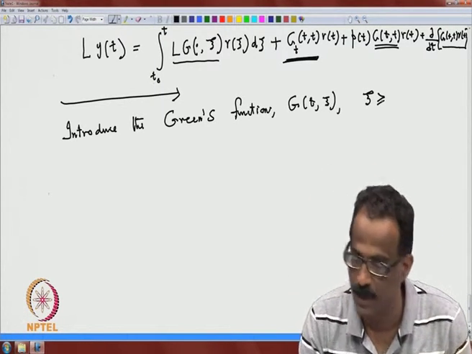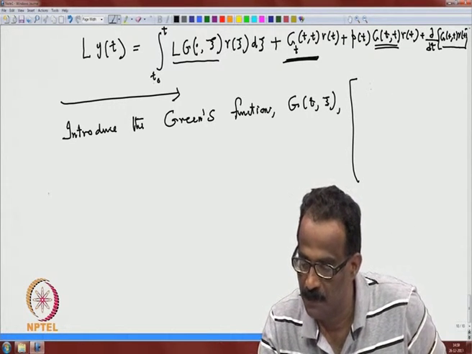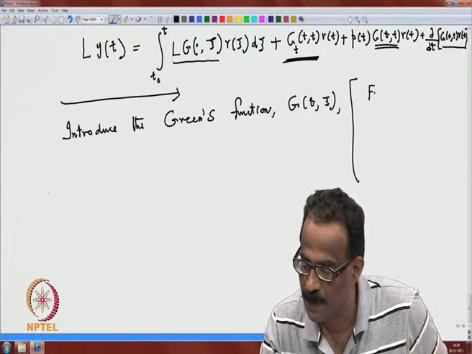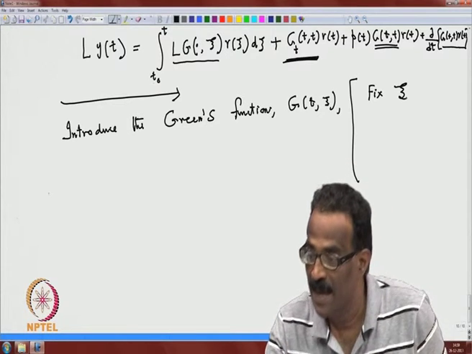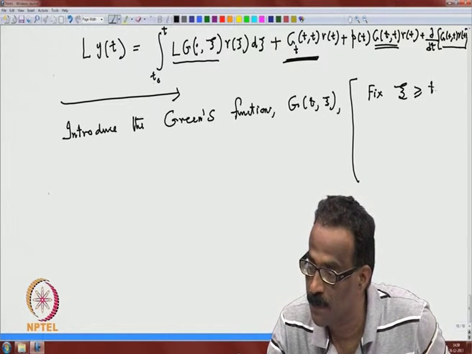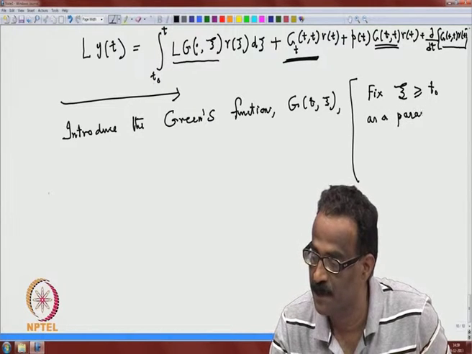How to introduce it? You fix psi as a parameter. So, I am introducing fixed psi greater than or equal to t naught as a parameter. Okay, I want to treat it as a parameter.